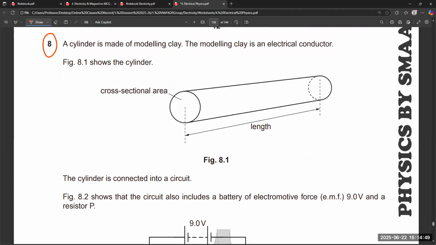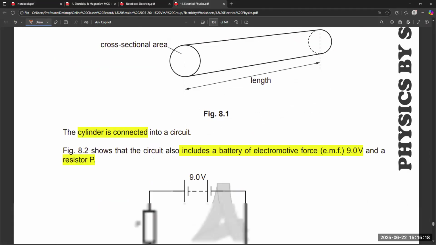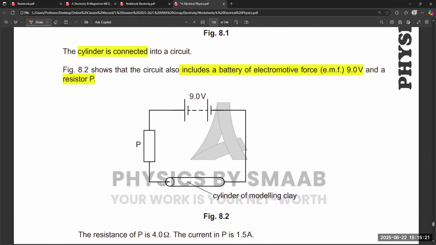Question number 8. A cylinder is made of a modeling clay, and the modeling clay is an electrical conductor. So basically, we are using an electrical conductor, so electric current can pass through this modeling clay. Then the cylinder is connected to a circuit. It shows that the circuit also includes a battery of EMF 9 volt and resistor P. So we have modeling clay and one more resistor P in the circuit with one battery of 9 volt EMF.